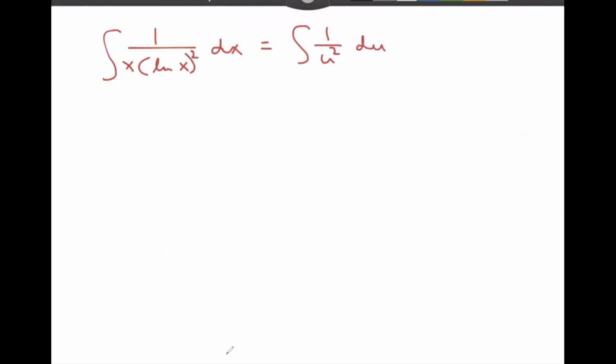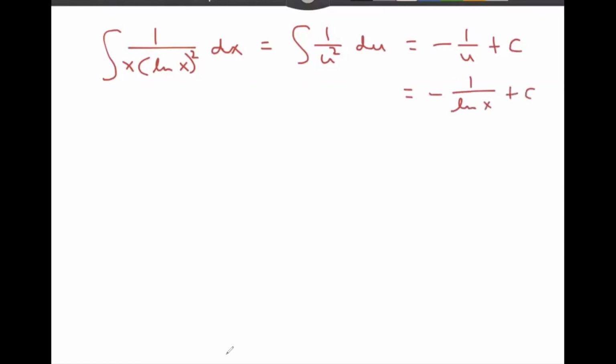Okay, so that's a nice simple integral. That integral is equal to negative 1 over u plus c, but it's not about u. U was natural log of x, so this is negative 1 over natural log x plus c.